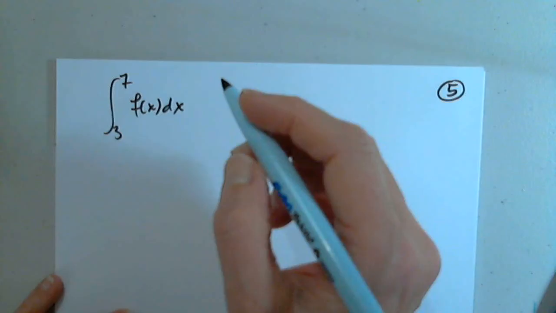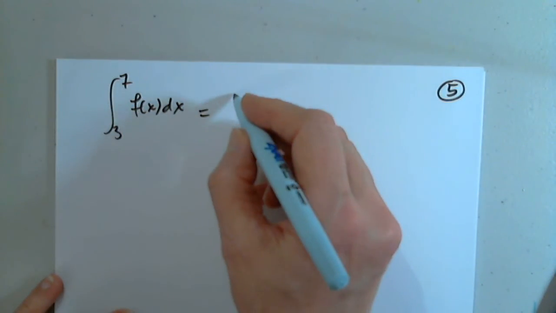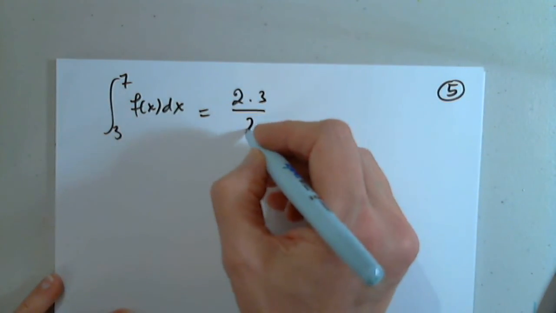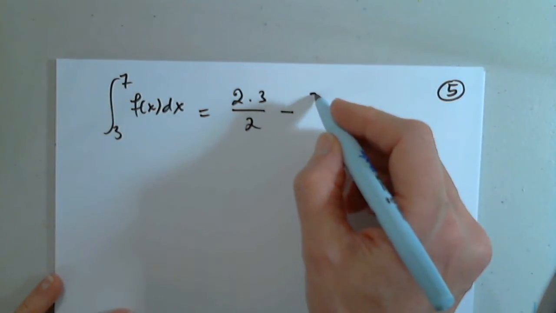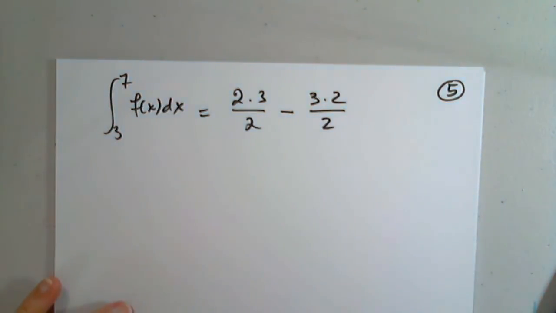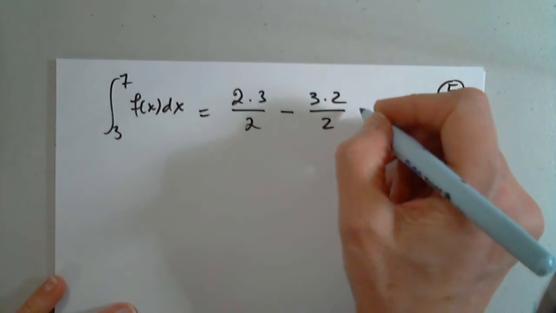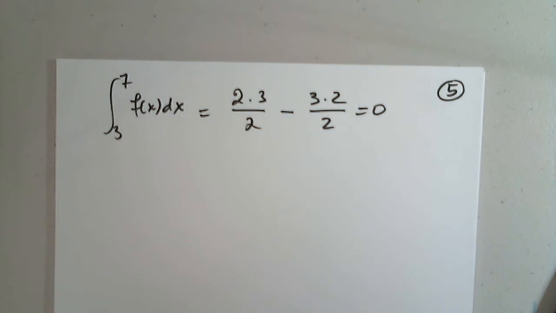So we have base, which is 2, times height, which is 3, divided by 2, minus base times height, 3 times 2, divided by 2. So because this piece is positive and identical with this piece, which is negative, the answer in this case is 0.